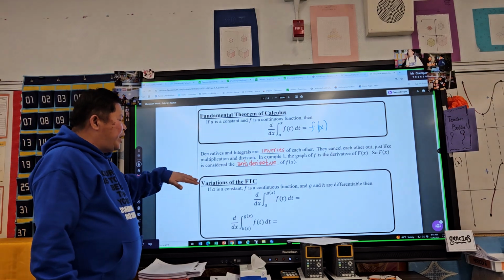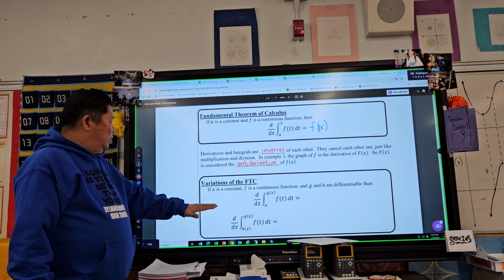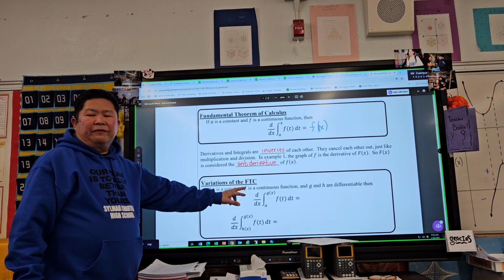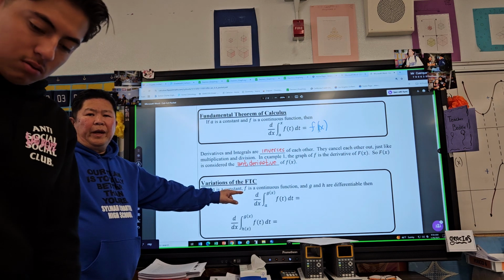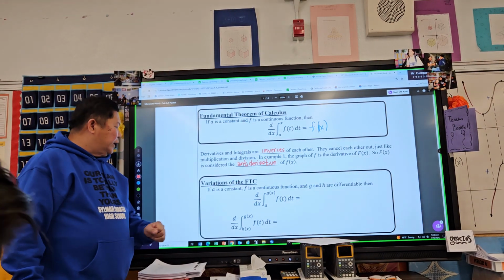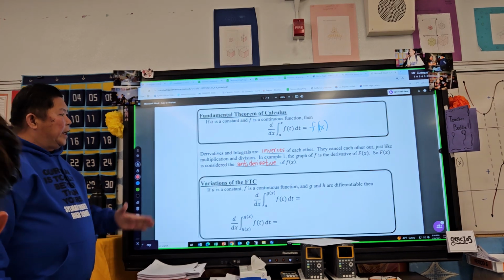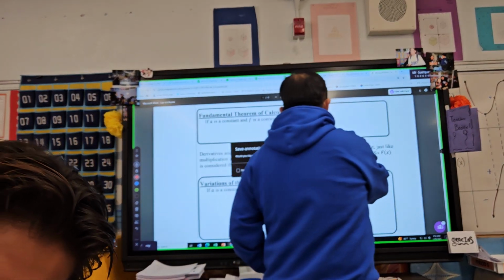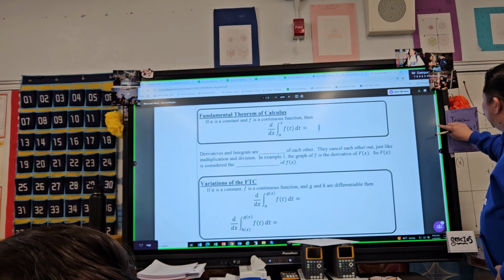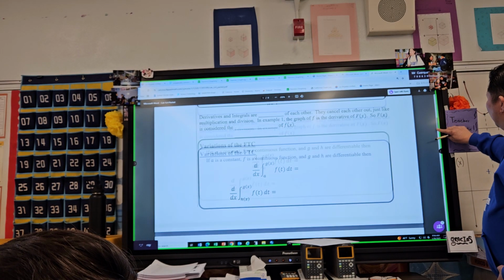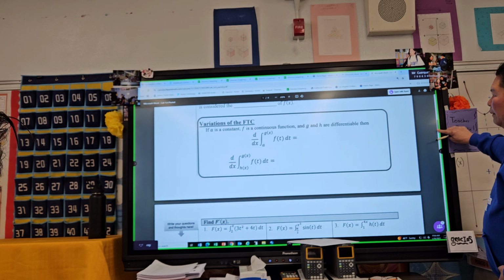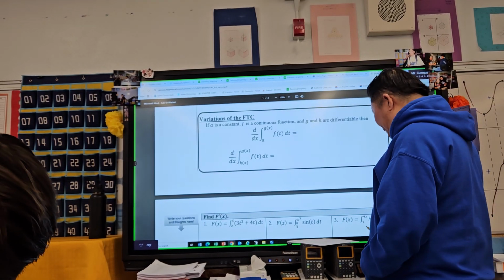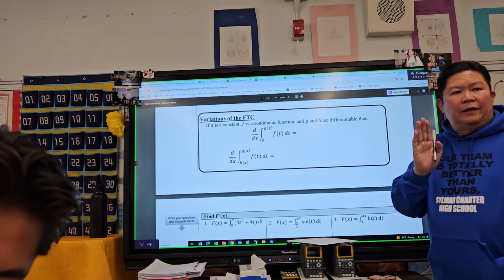So we have variations right here. Variations of FTC. What is FTC again? Fundamental theorem of calculus. So, can I move this up? So, variations of the FTC. Okay.